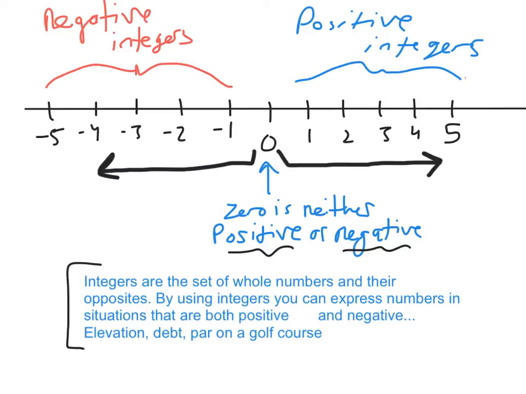By using integers, you can express numbers in situations that are both positive and negative, such as elevation, debt, par on a golf course. So an integer is a positive or negative whole number. It describes a set of numbers: whole numbers, no decimals, no fractions, and their opposites. So we're dealing with positives and negatives.